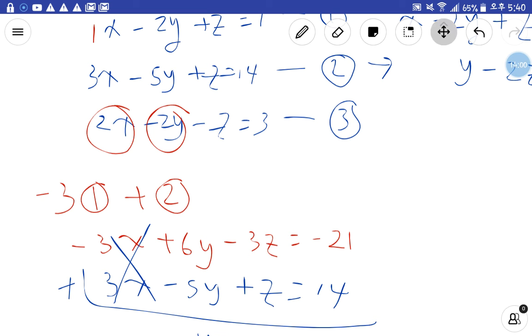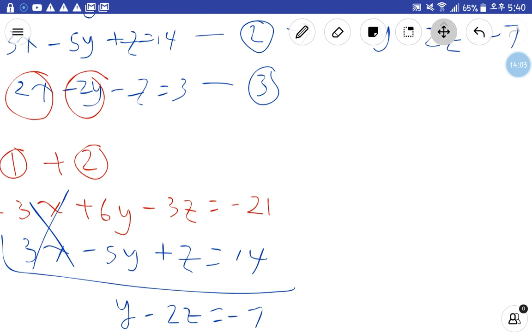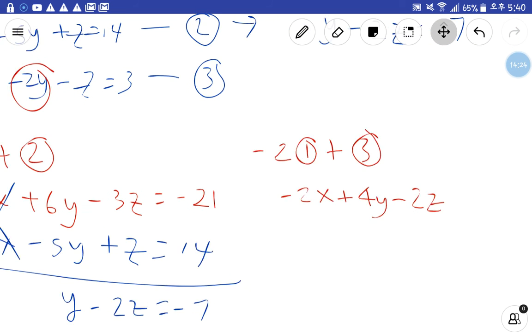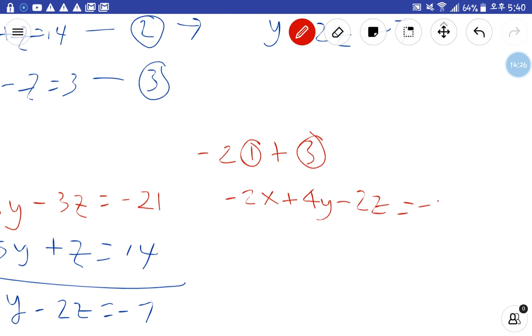So my second step is this: I'm going to times negative 2 with 1 and add 3. And your answer would replace the third one. So if you times negative 2 for your first equation, you get negative 2x plus 4y minus 2z equals negative 14. Right? You're going to add it to 3, which is 2x. Let me use blue.